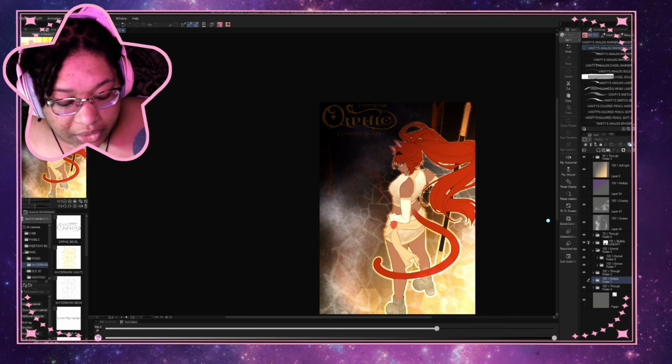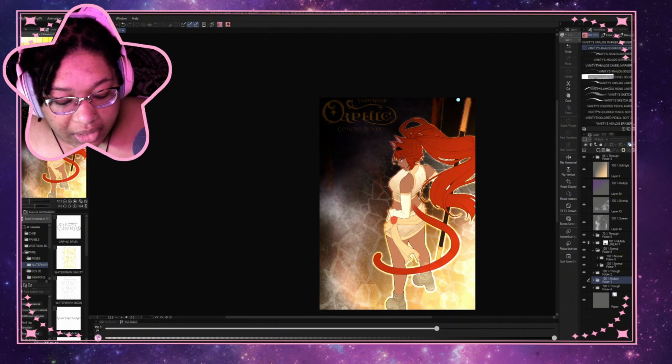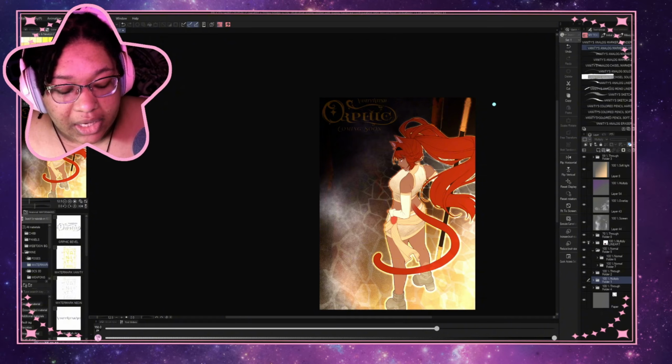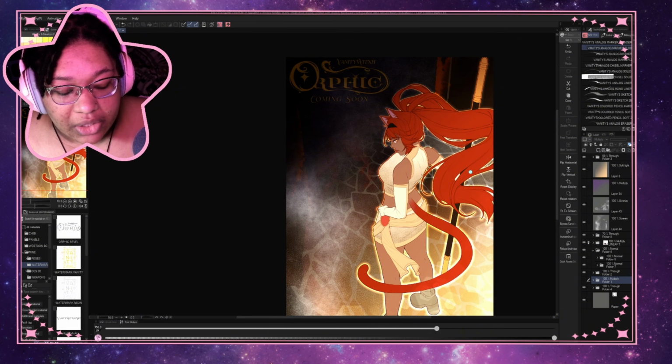So, for example, her staff here is a 3D asset that I have used the feature in Clip Studio where you can make a 3D asset into lines and tones. So I have a 3D asset here. Her boots are also 3D assets, and her pose is also from a 3D asset.